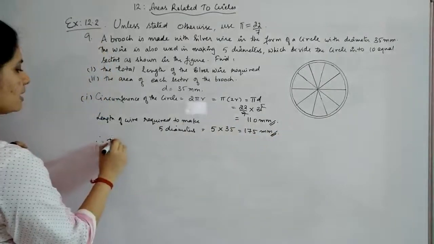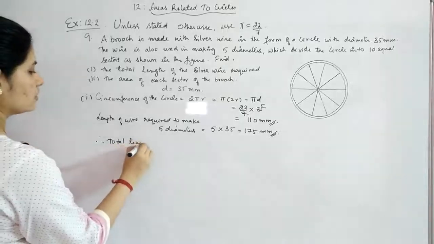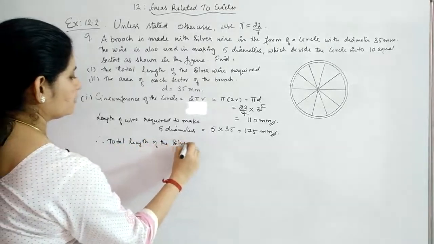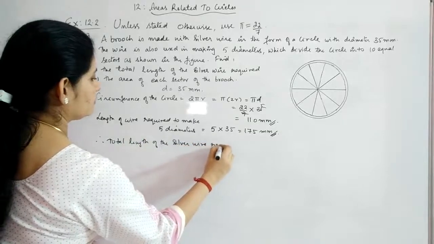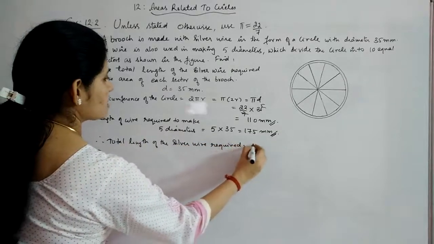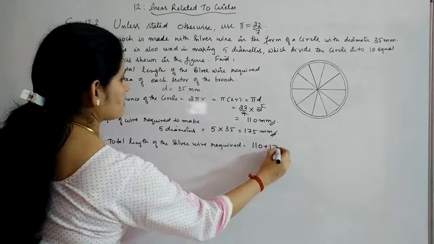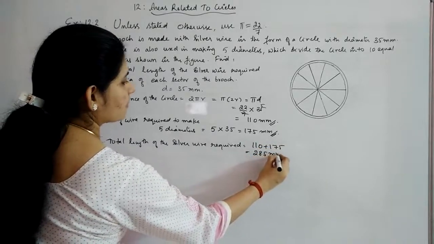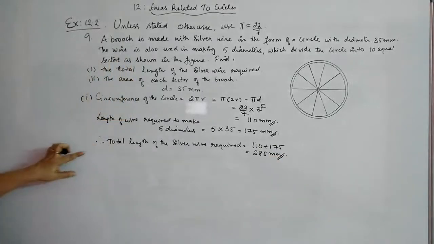Therefore the total length of the silver wire required is equal to 110 plus 175, which is equal to 285 mm. So this is your first part.